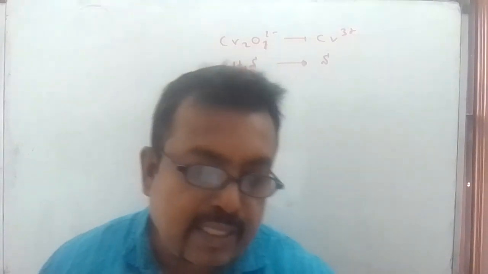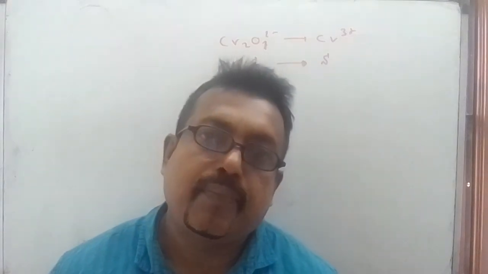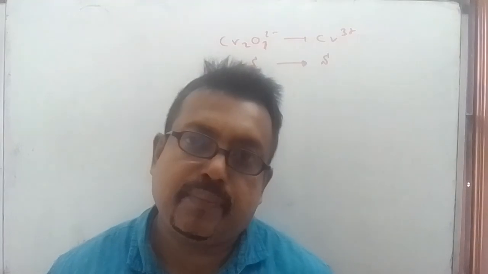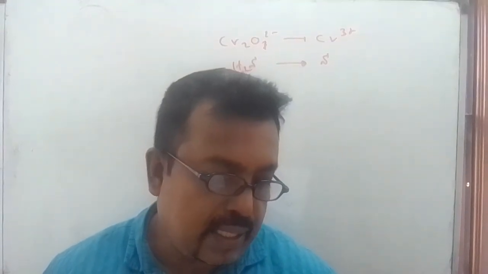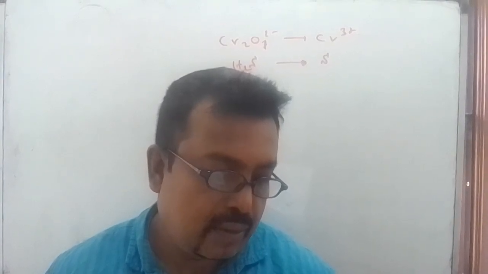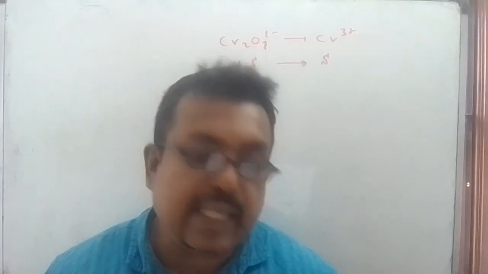So gas E is obtained by burning D in air.